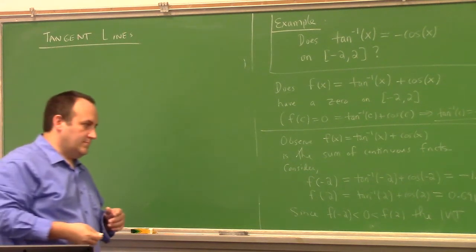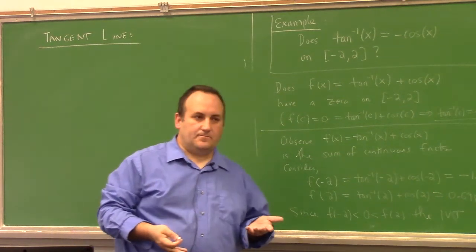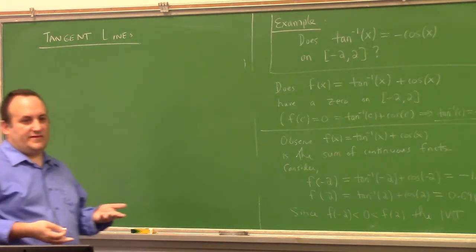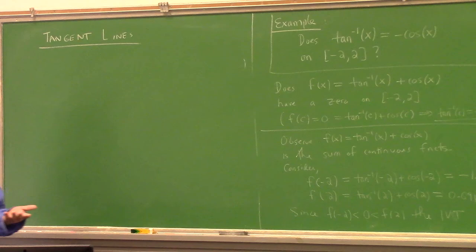So we talked about this before. At the start of the limit chapter, I explained to you we needed to look at limits of type 0 over 0 because the tangent line necessarily involves that.